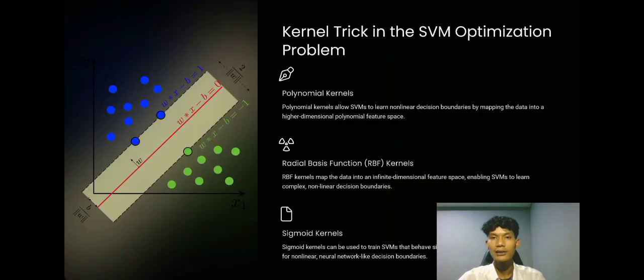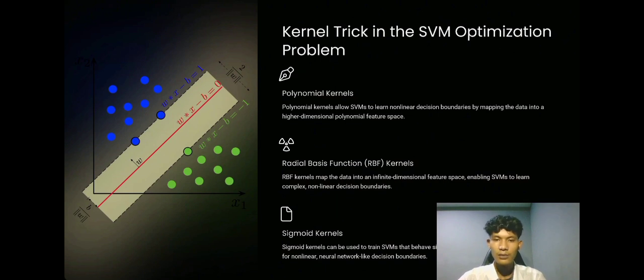Kernel trick in the SVM optimization problem. Polynomial kernels. Polynomial kernels allow SVMs to learn nonlinear decision boundaries by mapping the data into a higher dimensional polynomial feature space. Radial basis function, or RBF, kernels.